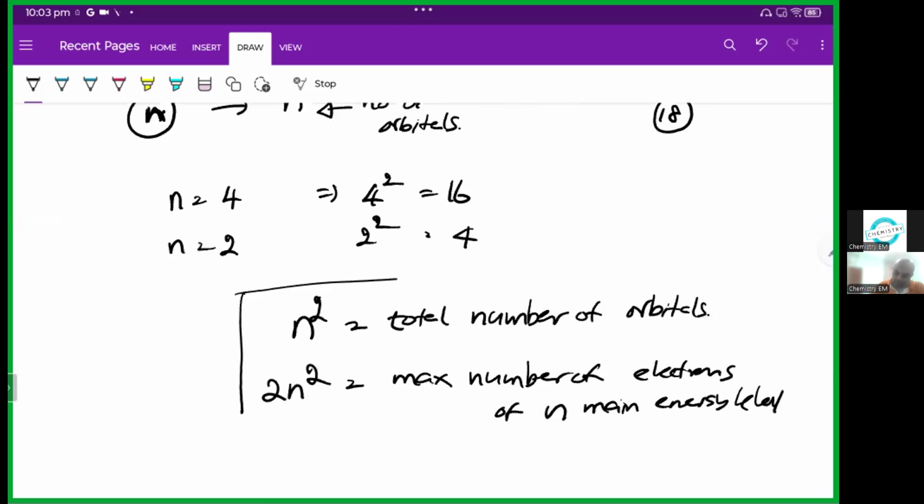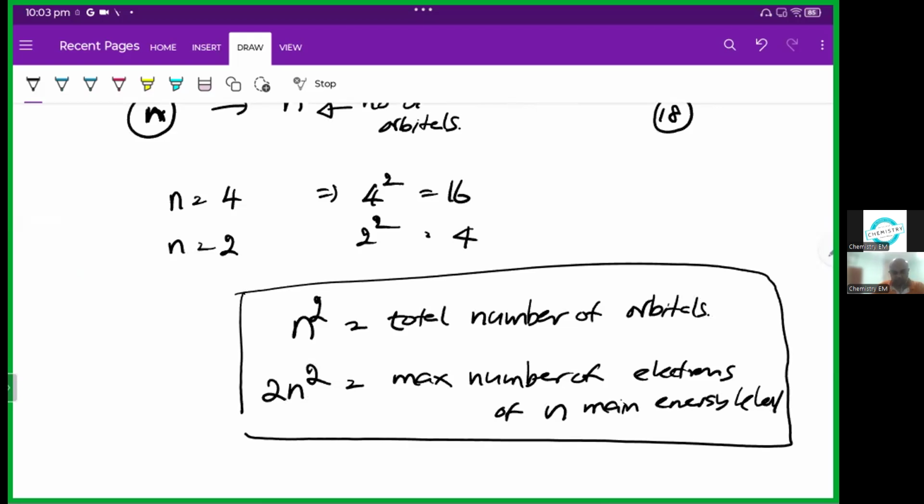So this shortcut method can be used in MCQ questions, right? Total number of orbitals in a main energy level can be taken from n squared. If it is 4, there are 16 orbitals. If it is 3, there are 9 orbitals. Maximum number of electrons is 2n squared. In that way, you can calculate them.